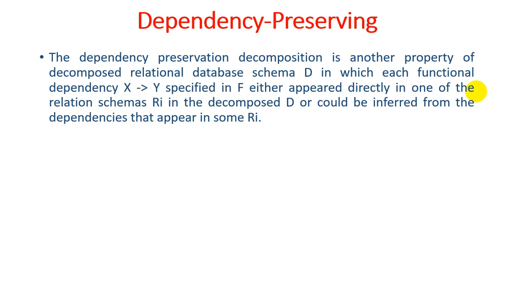Now in dependency preservation, each functional dependency X determinant Y specified in F either appears directly in one of the relation schemas Ri in the decomposed D, or could be inferred from the dependencies that appear in some Ri.